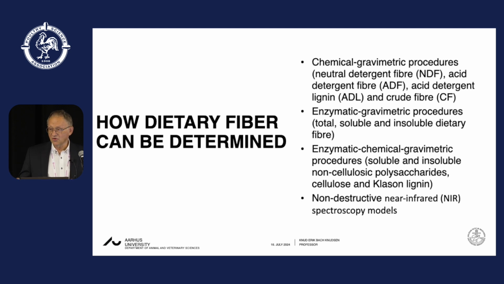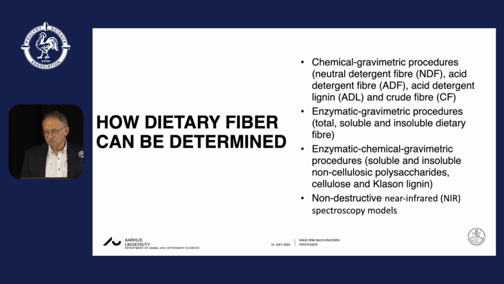Well, how can we determine it? We have the chemical gravimetric procedures, which are the neutral detergent fiber, acid detergent fiber, acid detergent lignin, and crude fiber methods, which are some classical methodologies. There is the enzymatic gravimetric procedure, for total, soluble and insoluble dietary fiber, all performed gravimetrically. And then you have the enzymatic chemical gravimetric procedures, which can separate it into soluble and insoluble non-cellulosic polysaccharides, cellulose, and lignin.